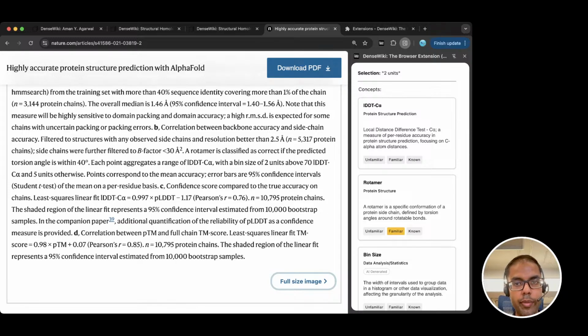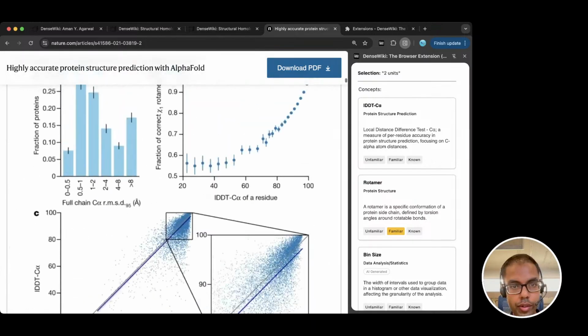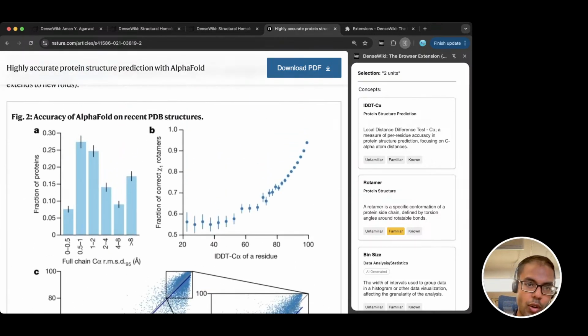So the correlation between backbone accuracy and sidechain accuracy. Okay. So fraction of correct rotamers. This is the number of rotamers that were correct, and this was the predicted LDDT. I see.